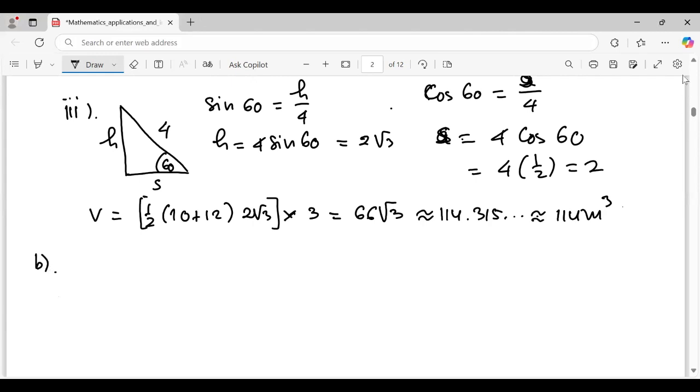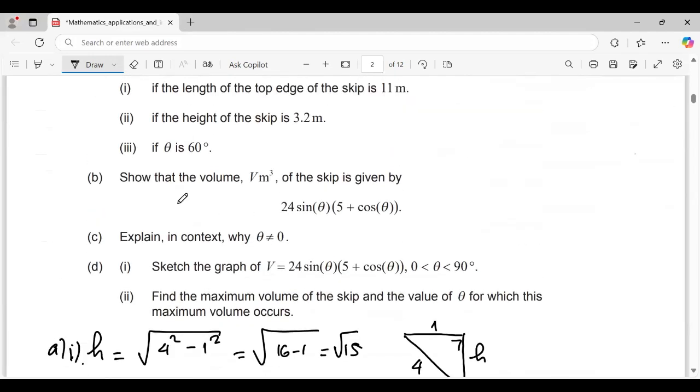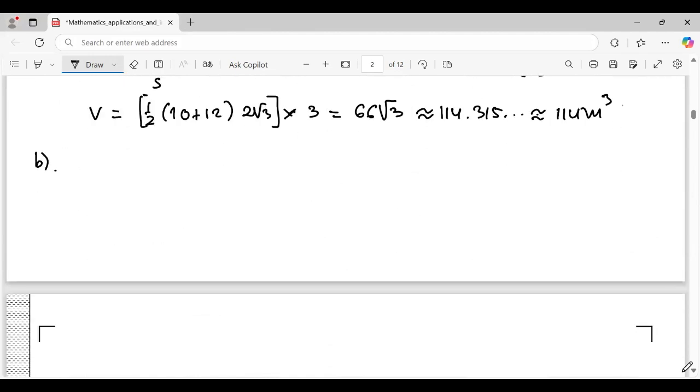Question B. Show that the volume V meter cube of the skip is given by this expression. If the right angle triangle is like this, 4, h and S, theta is this one.